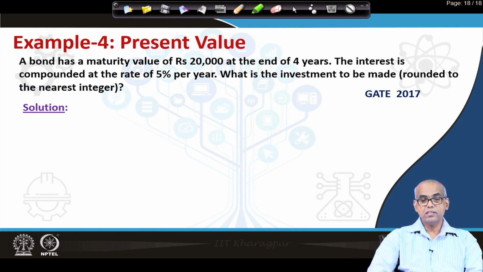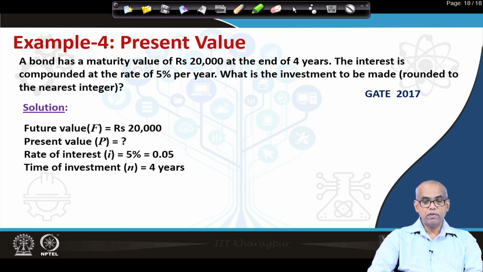Finally, let us take another example on present value. A bond has a maturity value of rupees 20,000 at the end of 4 years. The interest is compounded at the rate of 5% per year. What is the investment to be made, rounded to the nearest integer? Future value is 20,000. So, you have to find out the present value given the rate of interest 5%.